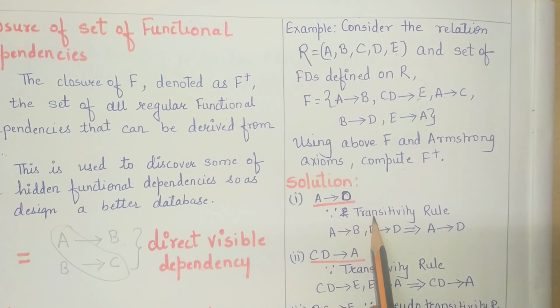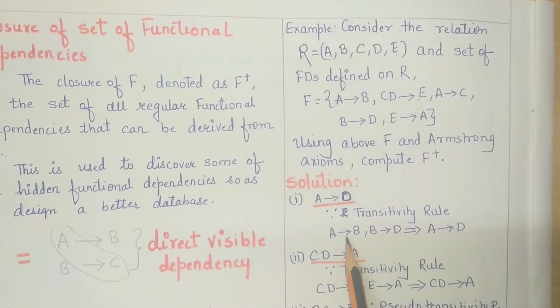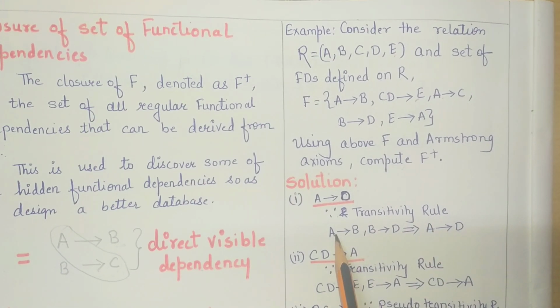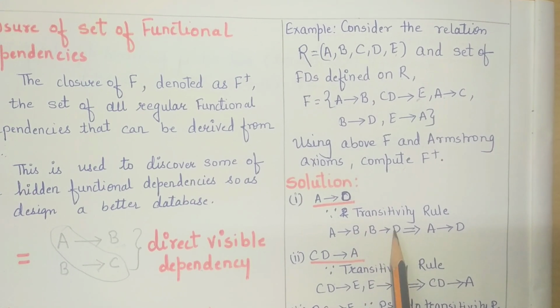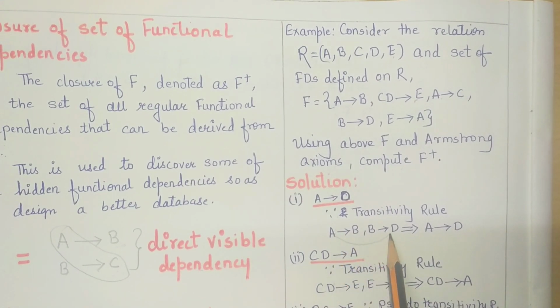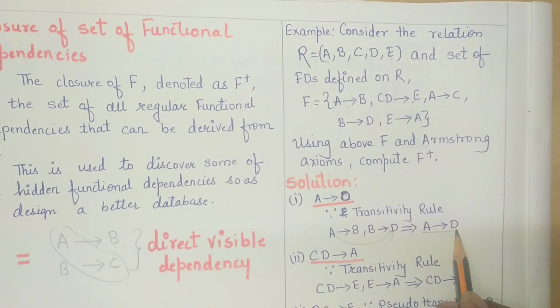It is achieved with the help of the transitivity rule. You can see in the functional dependencies that A determines B and B determines D, then A determines D. That's why this is added into the functional dependency closure.